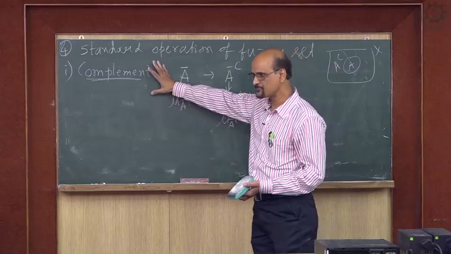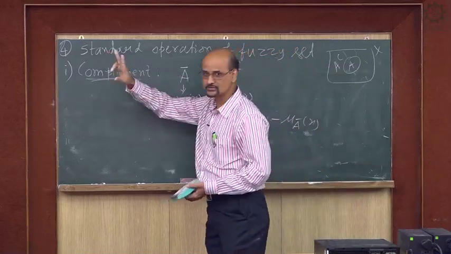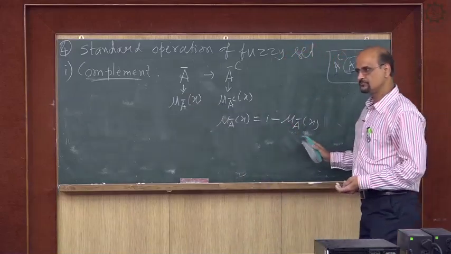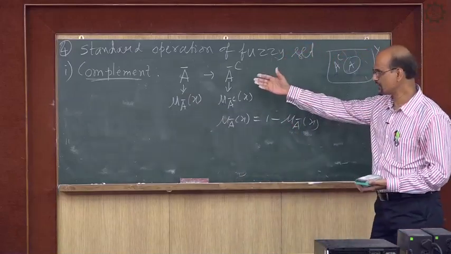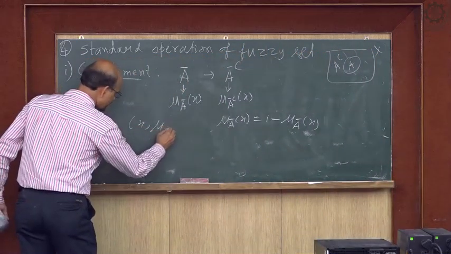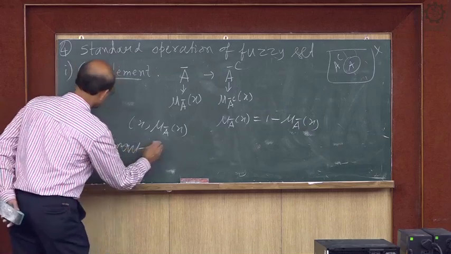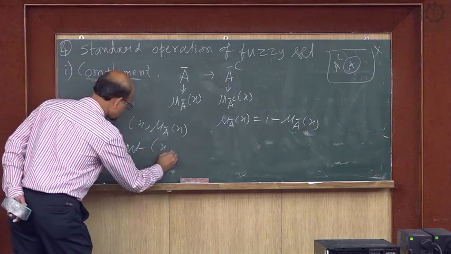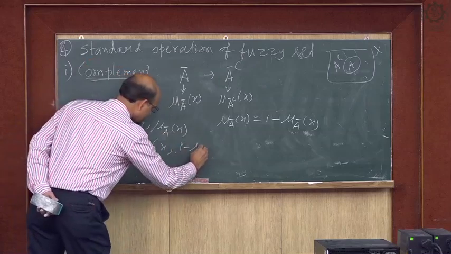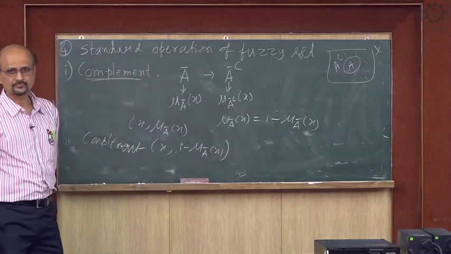Complement is very important, I will go into a little more detail after the other two standard operations. So for the fuzzy set I can write the pairs x, mu A bar x, and for its complement the pairs x, 1 minus mu A bar x.